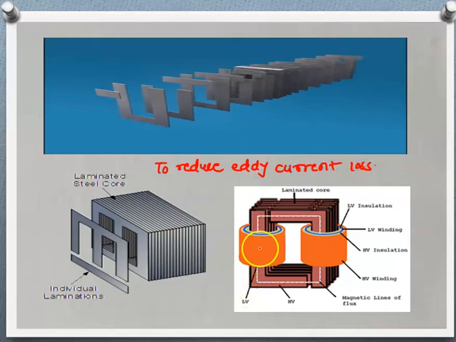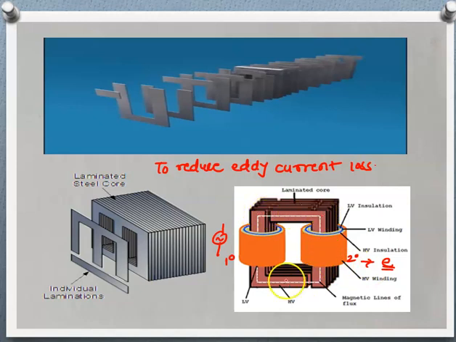We know that, suppose this is our core, and this is the primary winding and this is the secondary winding. When the primary is connected to supply, the flux will be created and it will flow through this core, which gets linked with the secondary winding, and in the secondary winding the EMF will be induced.